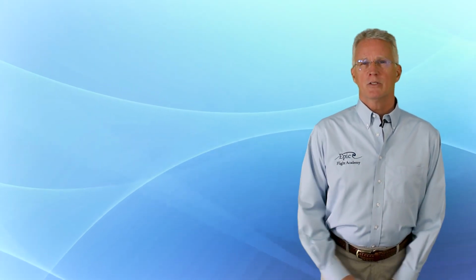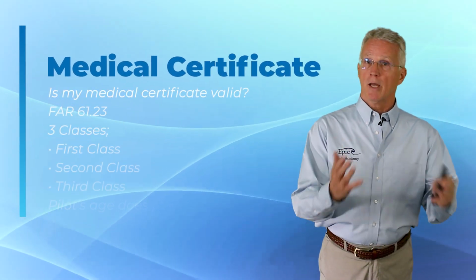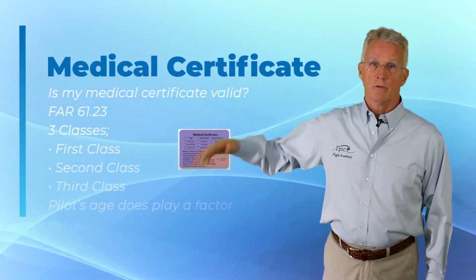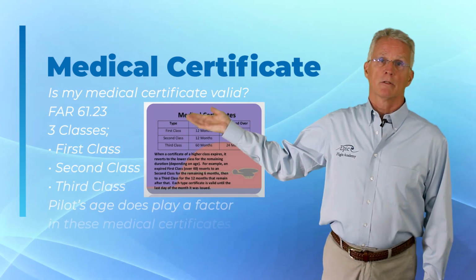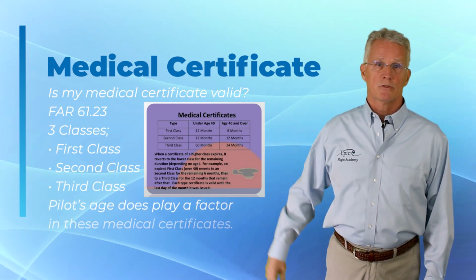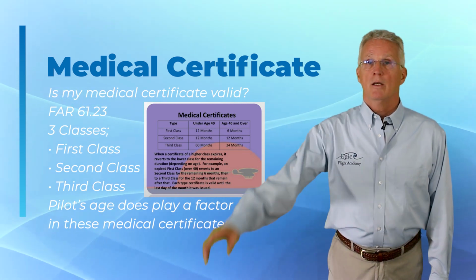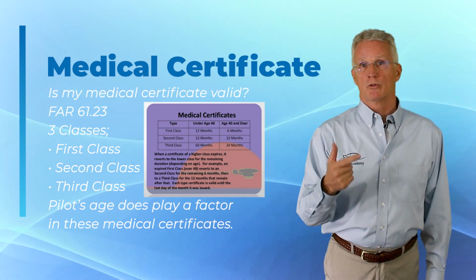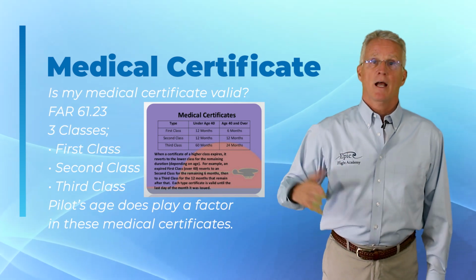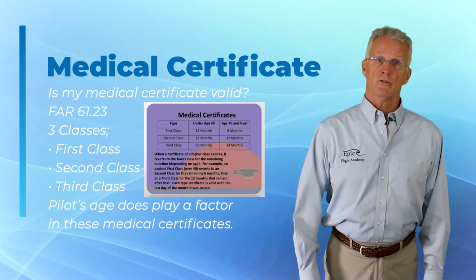All right, now let's take a look at the pilot's medical certificate. So we've looked on this slide, you can see we've already looked at the certificate itself. Now let's talk about the medical. Is my medical valid? Now we're jumping to FAR 61.23, and again, I want you to review this with your flight instructor.